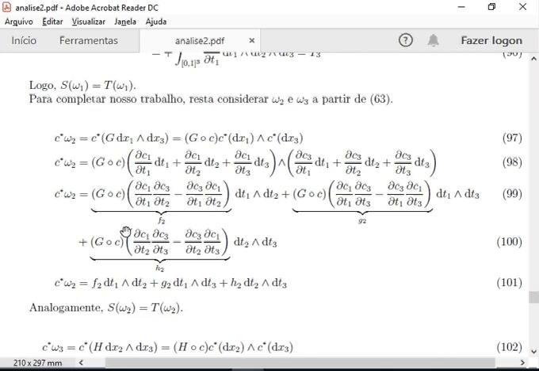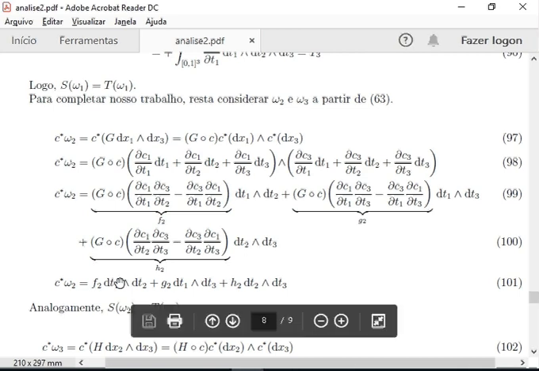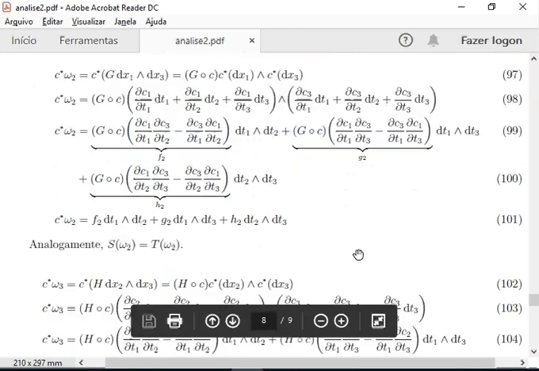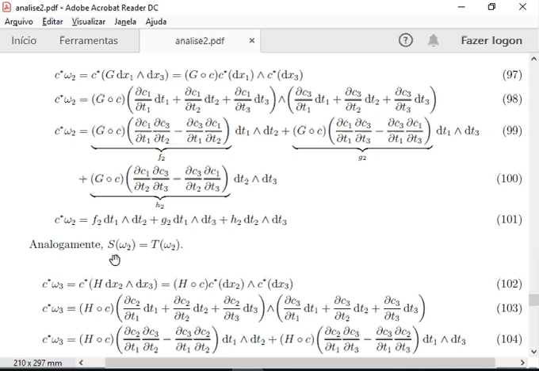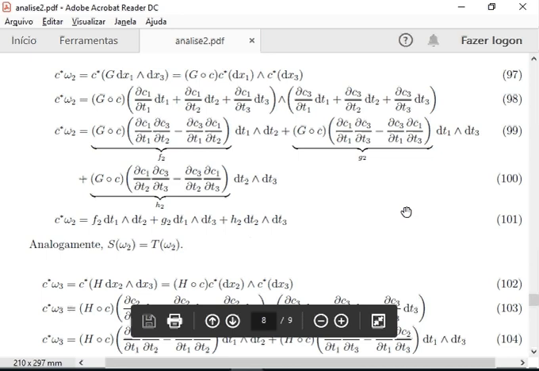We underbrace F2, G2, H2, and analogously S on omega 2 is equal to T on omega 2, equal to F2 dt1 dt2, G2 dt1 dt3 plus H2 dt2 dt3.